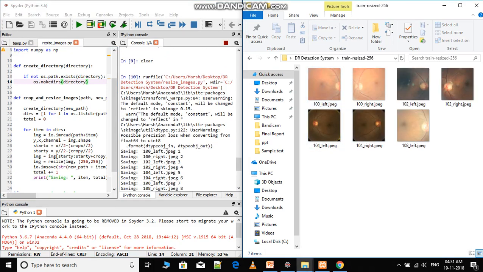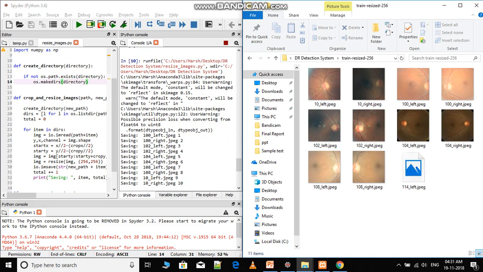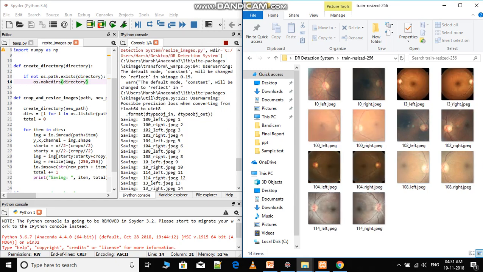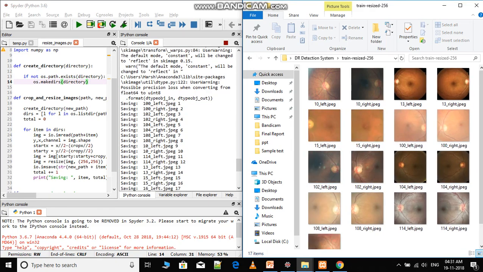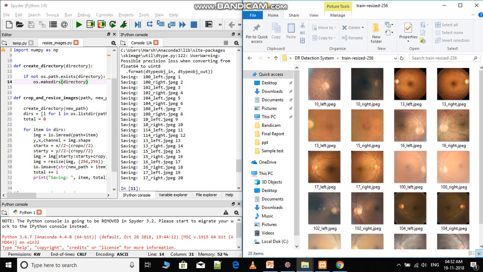This directory now contains the resized images. We have cropped down our initial images to a size of 256 cross 256 pixels. These images won't take much time to train on our convolutional neural network.